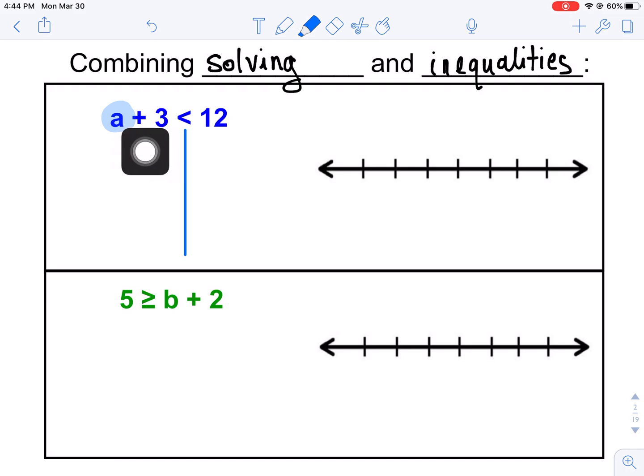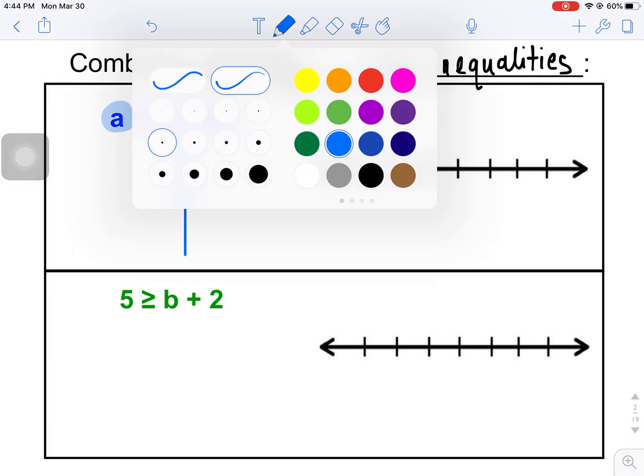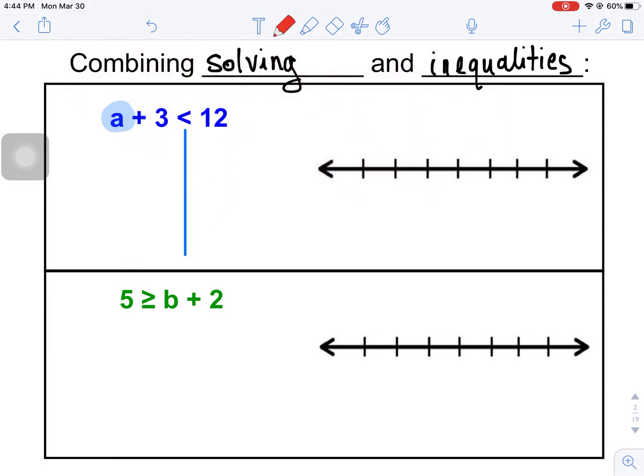Because plus 3 is on the same side as A, we need to do the opposite of adding 3 to both sides. The opposite of adding is subtracting. So instead of plus 3, we're going to do minus 3.